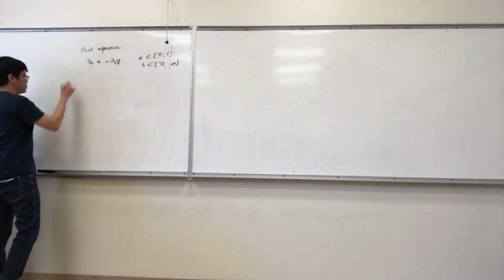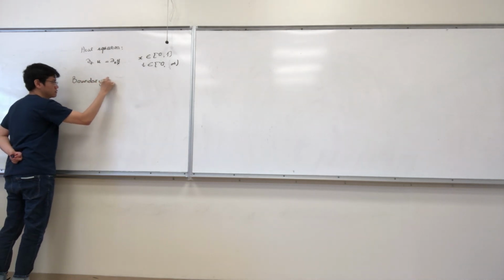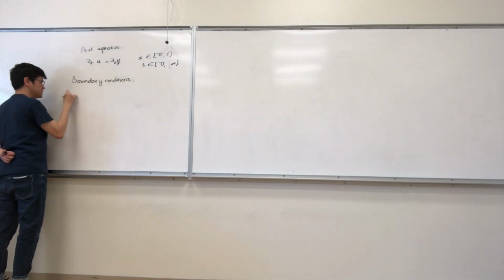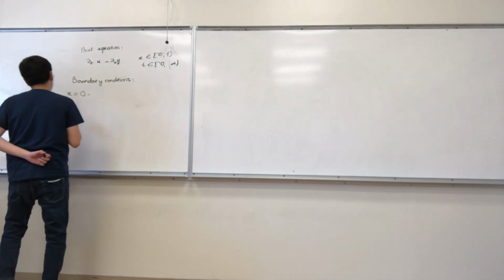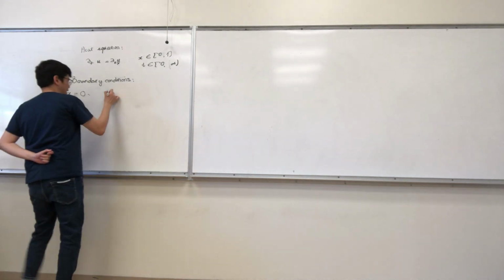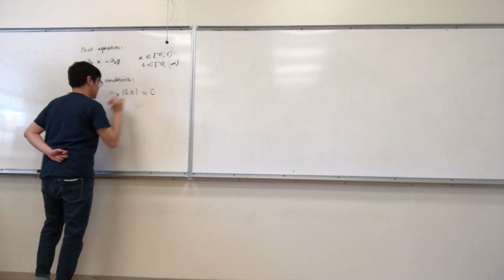We have the boundary condition. So when x is equal to 0, ux at (0, t) is 0.